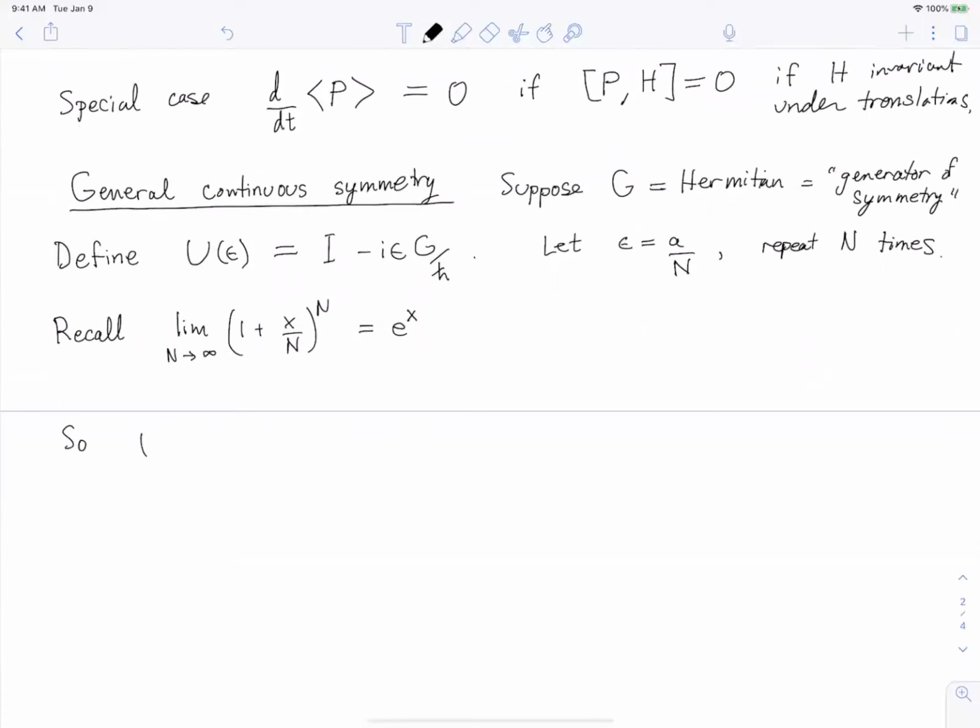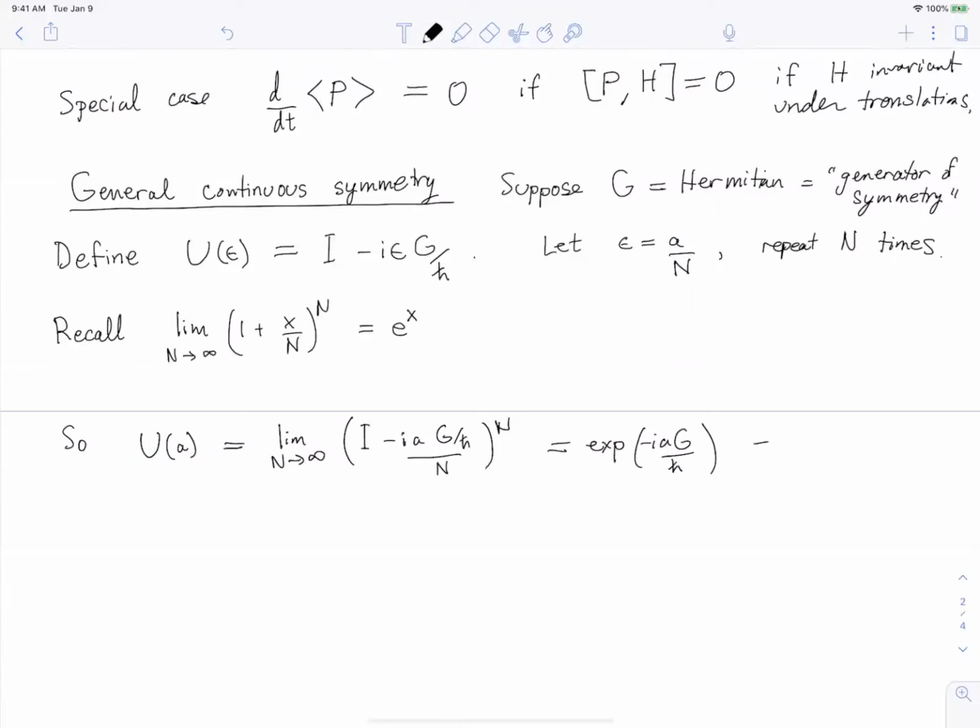And so the unitary operator for a non-infinitesimal number can be defined as the limit as n goes to infinity of 1, I guess I should technically call this the identity operator, minus i a G over h bar divided by n, to the nth power, which is equal to the exponentiation of minus i a G over h bar.